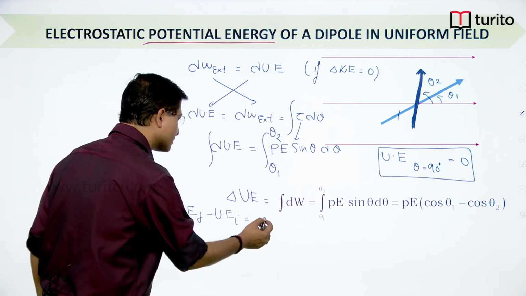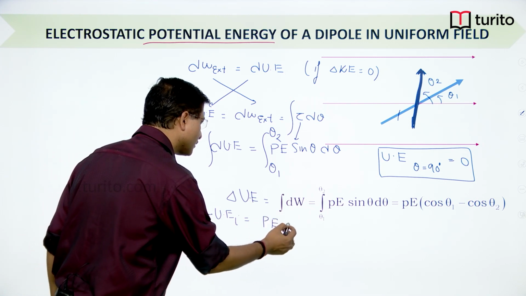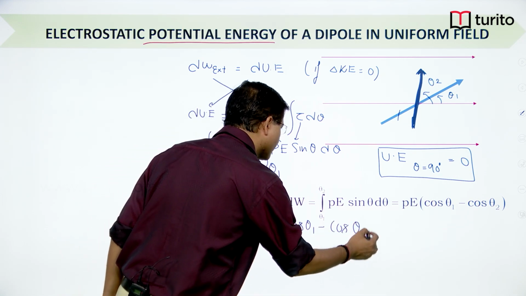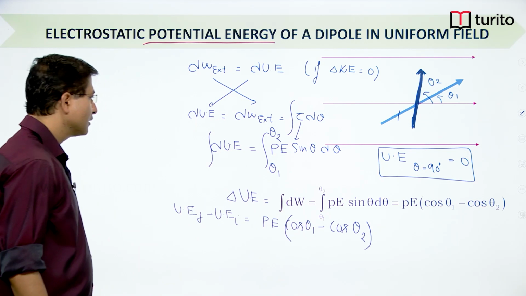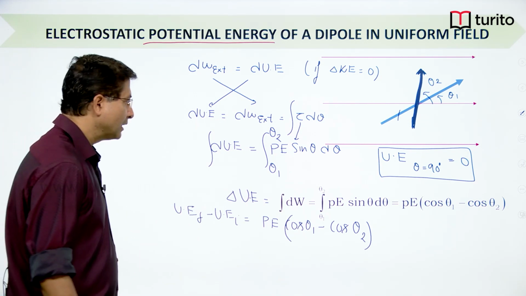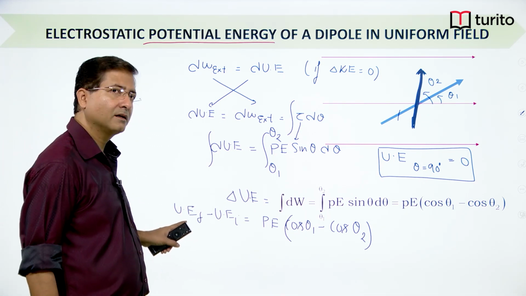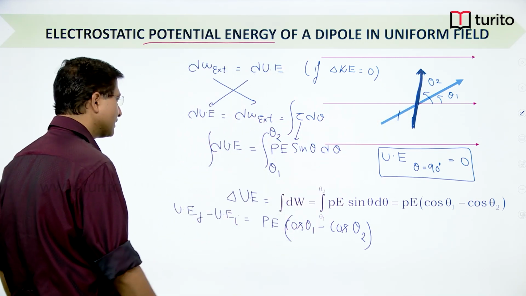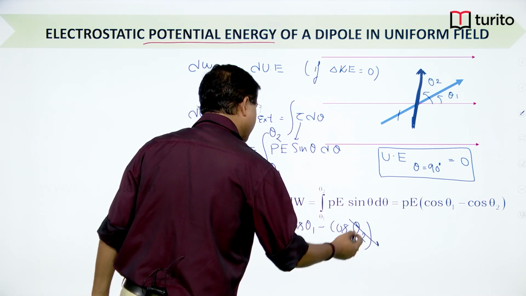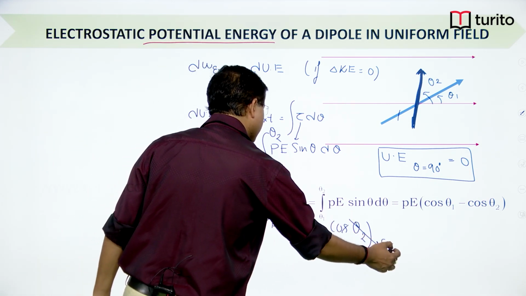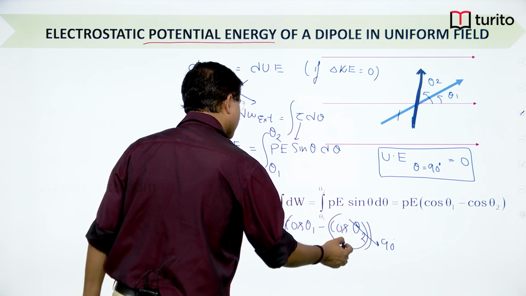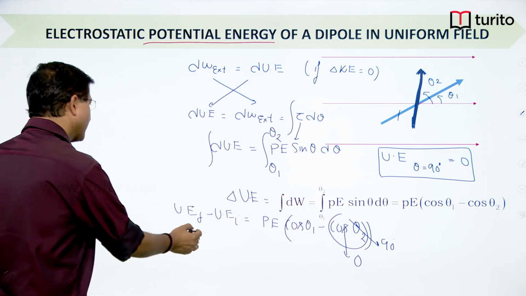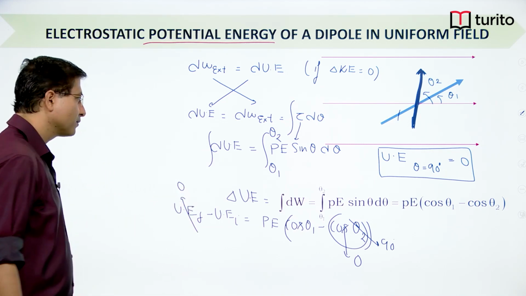So, I am writing P cos theta 1 minus cos theta 2, right. Now, what I am saying is, finally when this theta 2 is made 90 degree, this whole quantity is 0. So, this whole cos will become 0, right, and final potential energy comes 0.